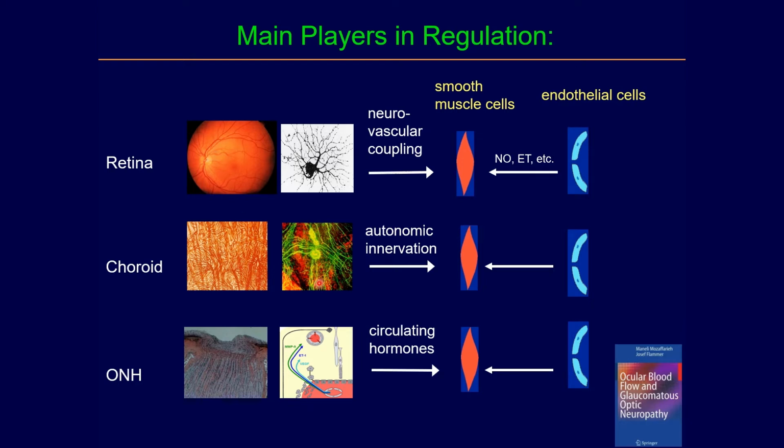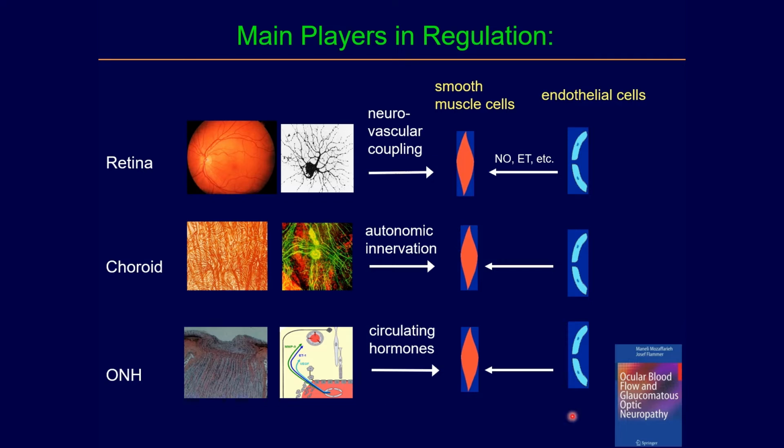This is important for thermoregulation, for instance. The situation in the optic nerve head is special, because here the vasoactive substances of the blood can bypass the blood-brain barrier. They diffuse from the fenestrated capillaries of the choroid into the optic nerve head and adjacent retina.